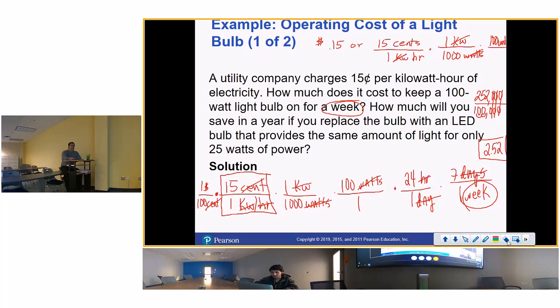And we're going to erase this. Okay, I'm going to mark this out in blue. And we're going to replace this with 25 watts.